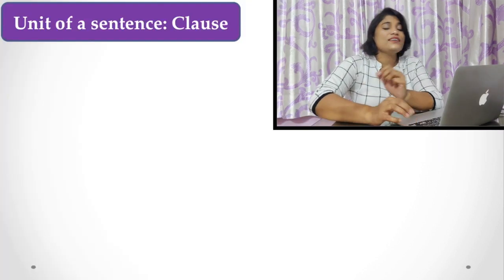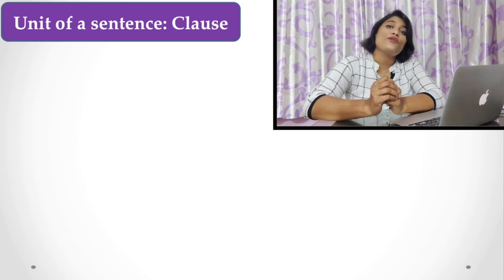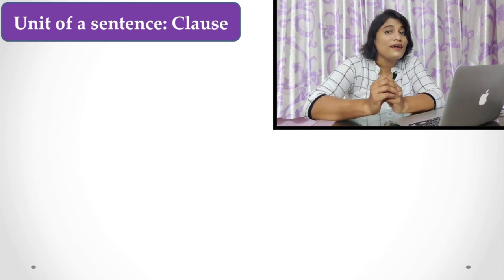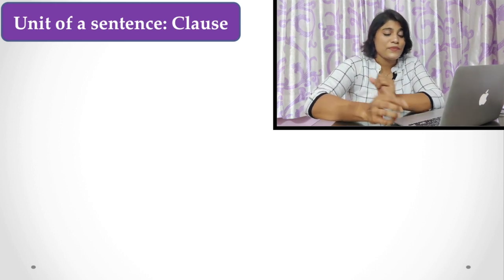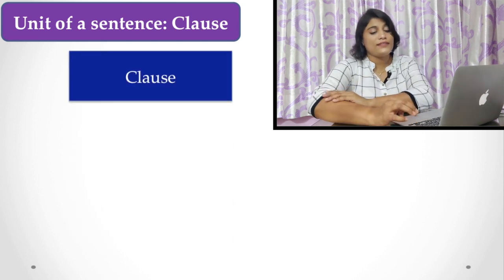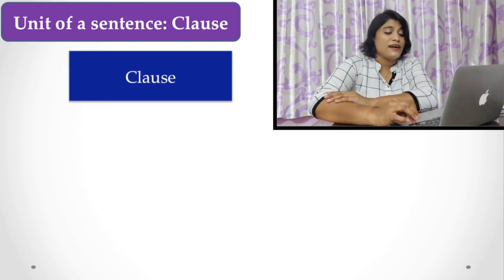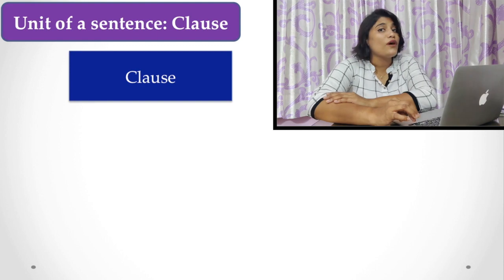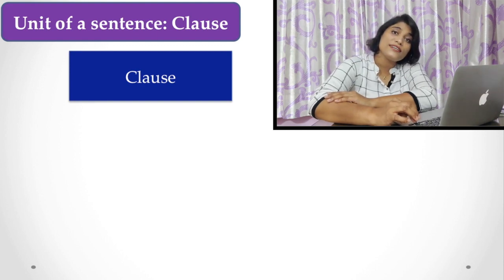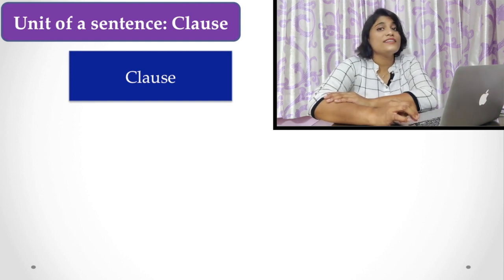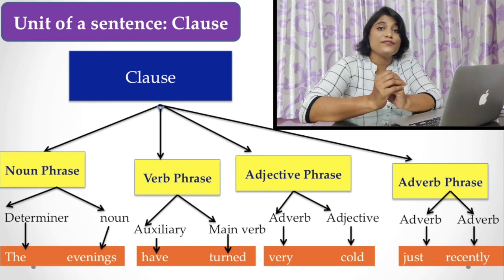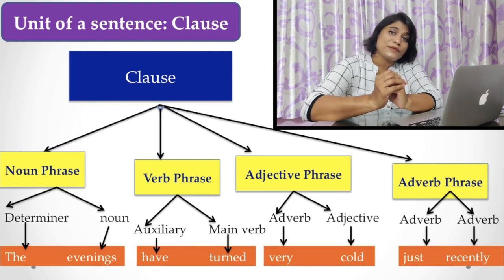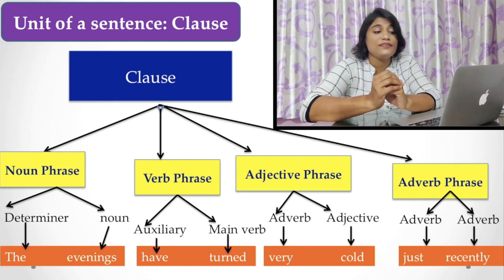Here, as you all know, clauses are the unit of a sentence. You find that in a sentence there are sometimes one or more than one clause, and the clauses are the combination of different phrases. Suppose this is a sentence: the evening has turned very cold just recently.